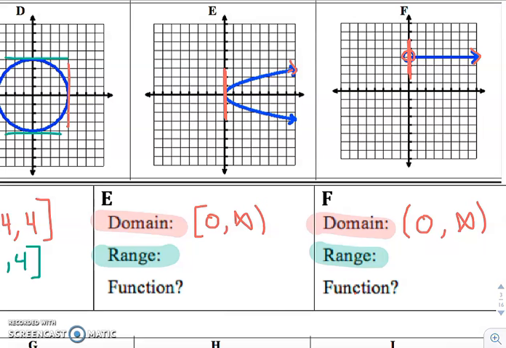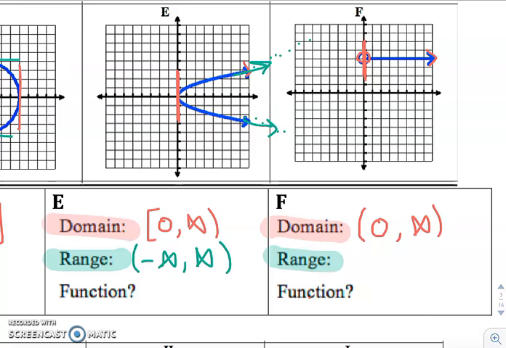So what that means is in both the negative and the positive direction, if both of those are arrows, there's no definitive start and stop point in the range or the y direction. So the range for this is going to be from the entire negative direction to the entire positive direction. So from negative to positive infinity. There's no start or stop. It's going to continue forever down and it's going to continue forever up.